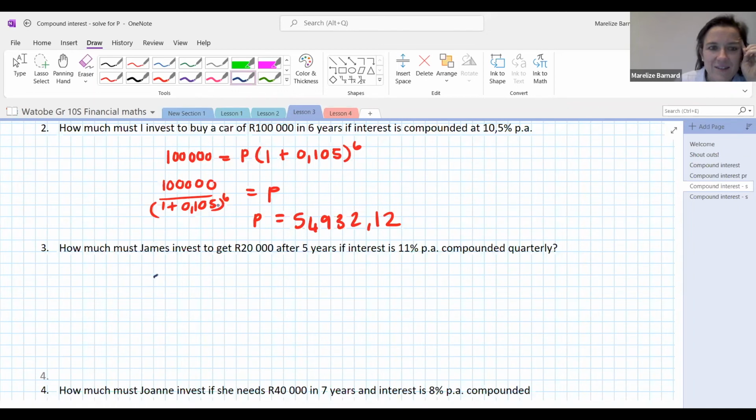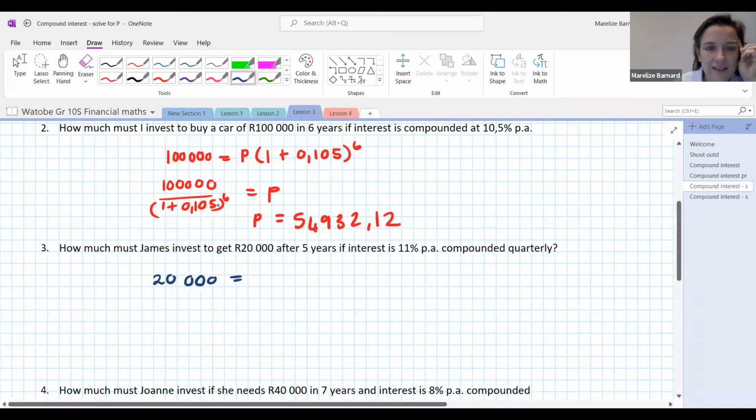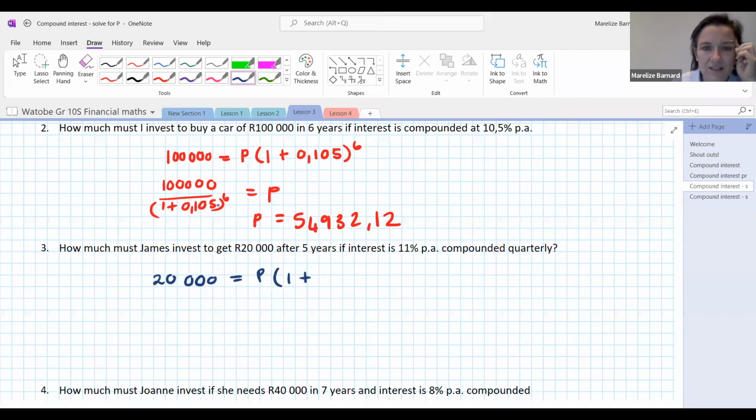Okay, so we've got our 20K at the end that we want. Our P is not known at this point. Our interest rate is 11. We're going to need to divide that by 4 because we are compounding quarterly.